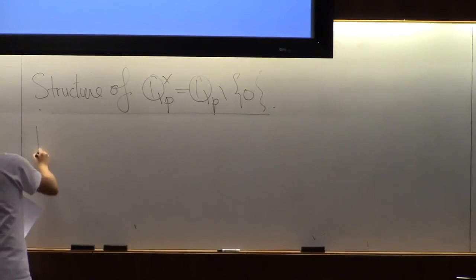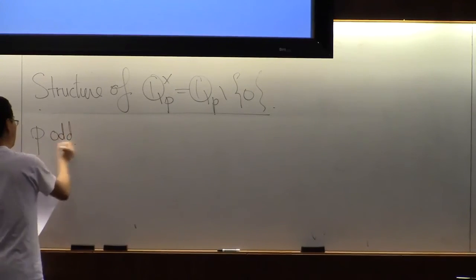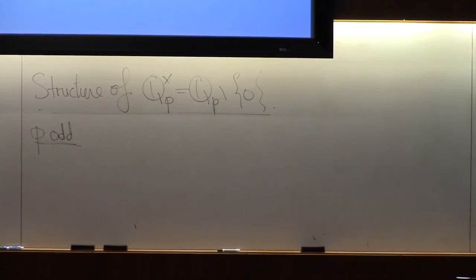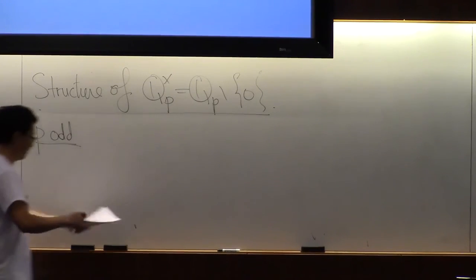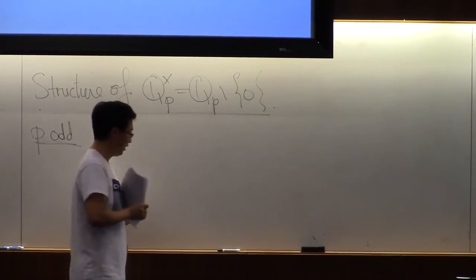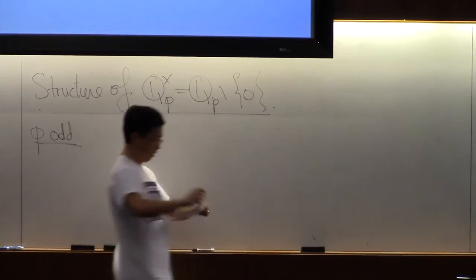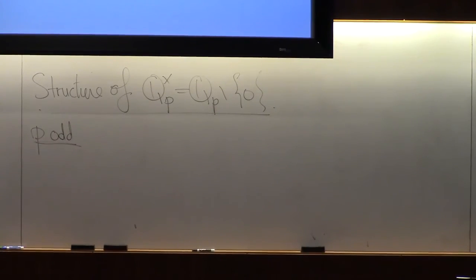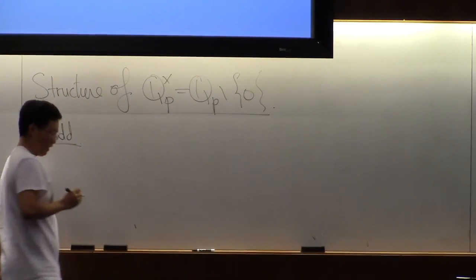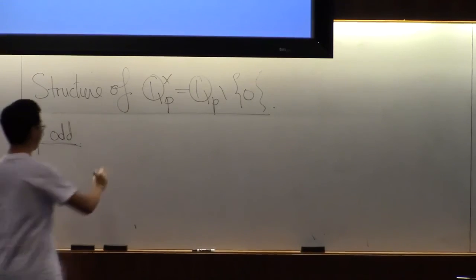I'm going to do it for p odd. When p is 2, it's always a little bit weird. If you go to a math conference, many people will declare that 2 is not a prime. Anyways, 2 always becomes a little bit different.